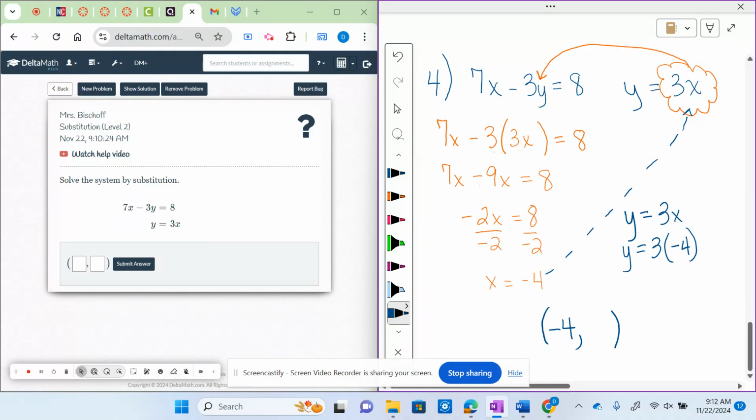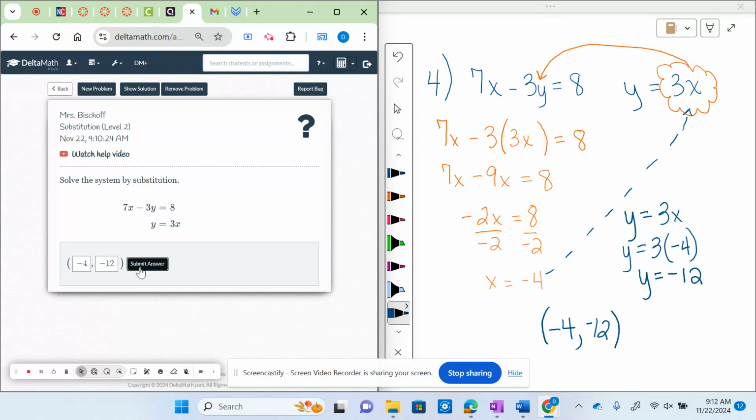Good job. What is 3 times -4? So y equals -12. So my solution should be -4, comma, whoops, I forgot my negative, -12.